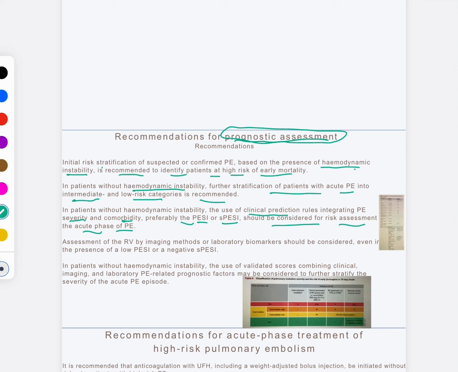So if the patient is stable, not hemodynamically compromised, according to the definition we studied before, we can classify the patients by severity using the PESI score or simplified PESI score.